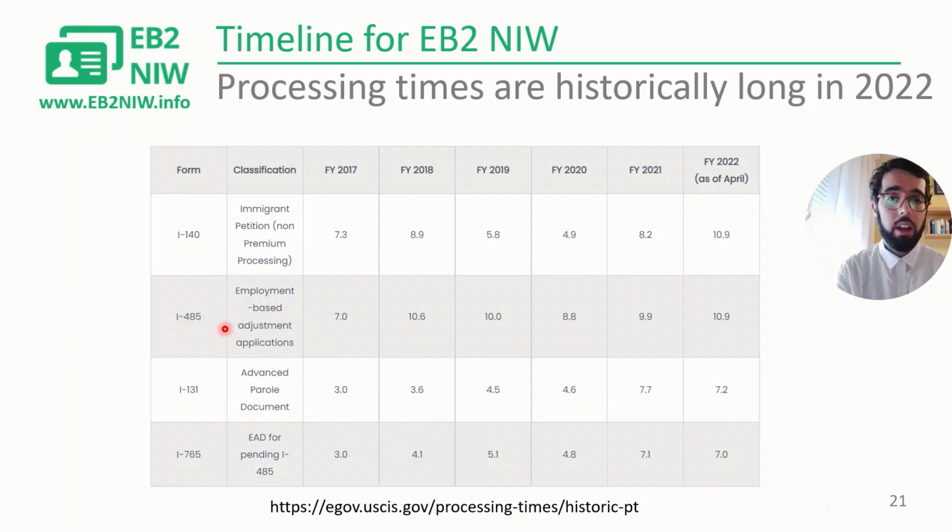The I-485 also is kind of the longest historically from the previous years, and so on for the rest. I think there has been like a snowball effect in the last years, and hopefully this starts getting corrected now that it seems like they are trying to give more green cards faster than in previous years because of the change in the administration.